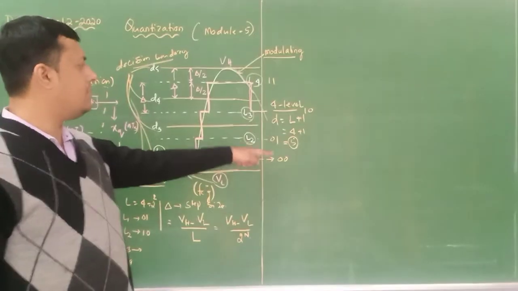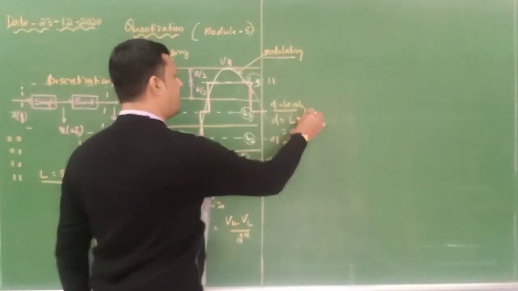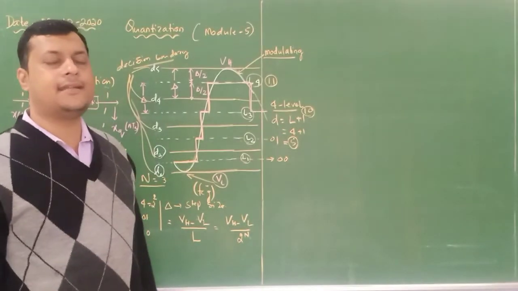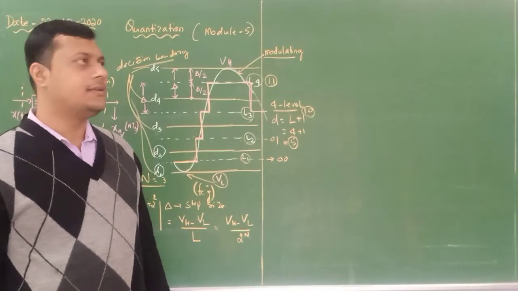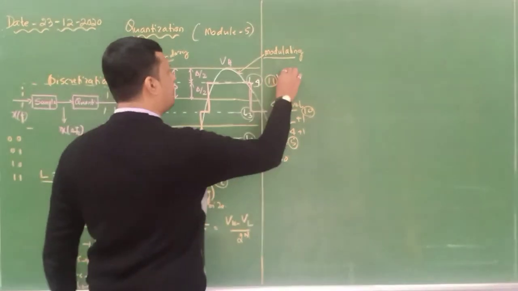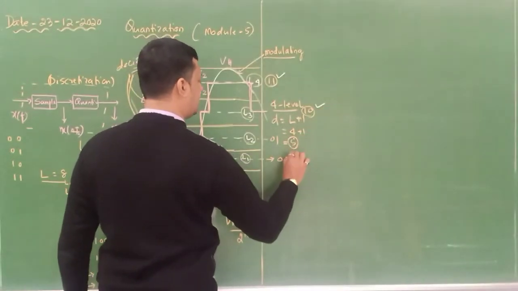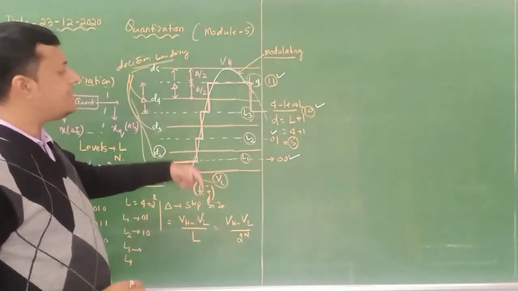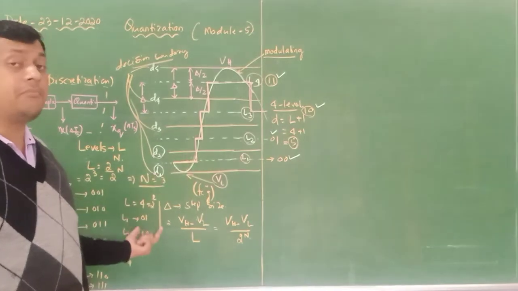So 0 0, 0 1, then 1 0 and 1 1. Simple, only assigning the binary data. So binary data is identified with respect to the number of levels, and assigning these levels depends upon the number of binary bits.